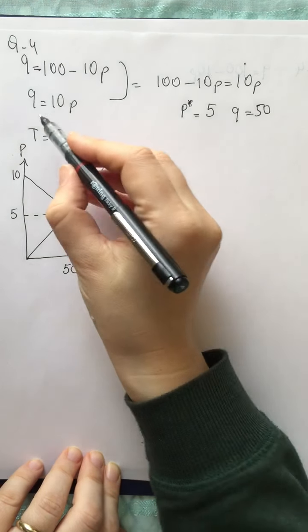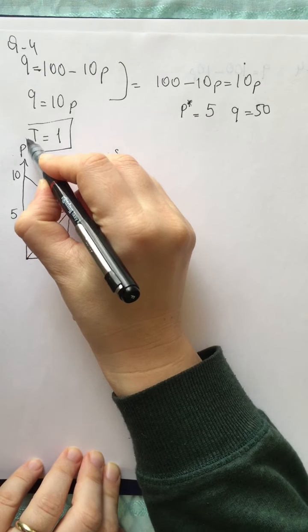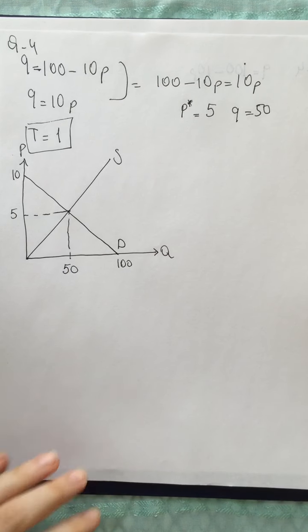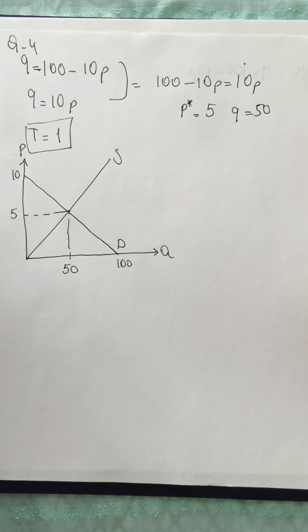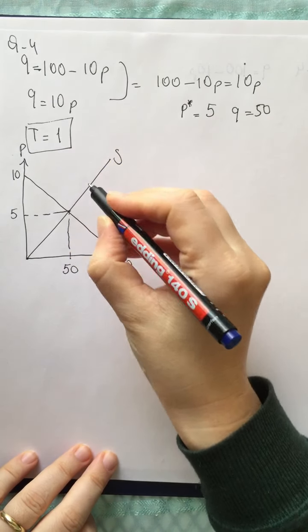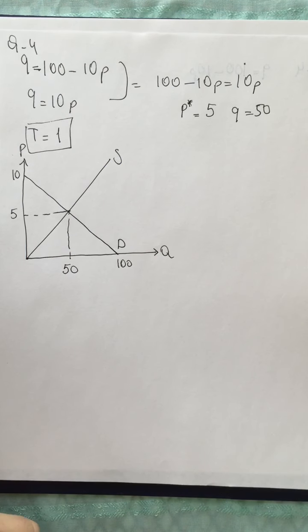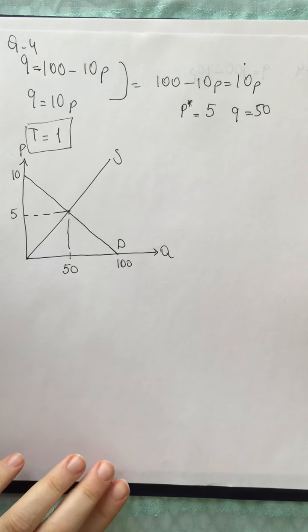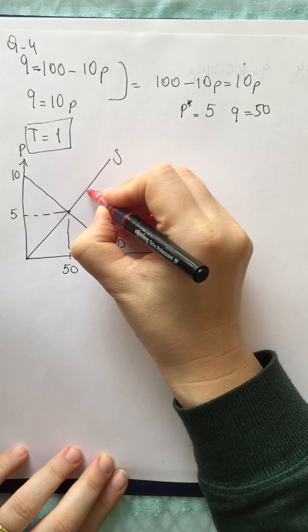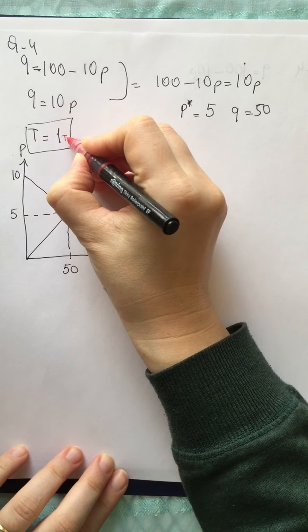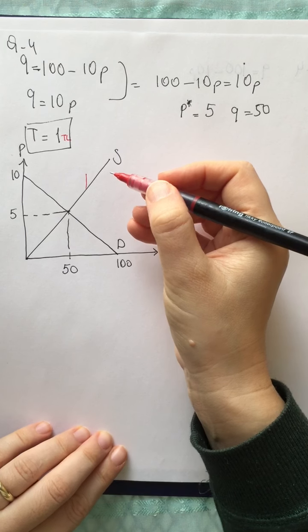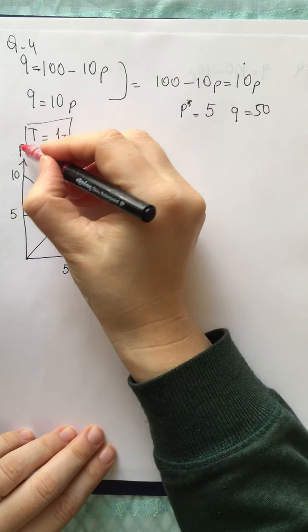Now the government puts 1 lira specific tax, and this specific tax will shift our supply function to the up, to the left also, but how can we calculate the shift rate? Because this is a monetary value, 1 lira, $1, etc. We can add it to the price.